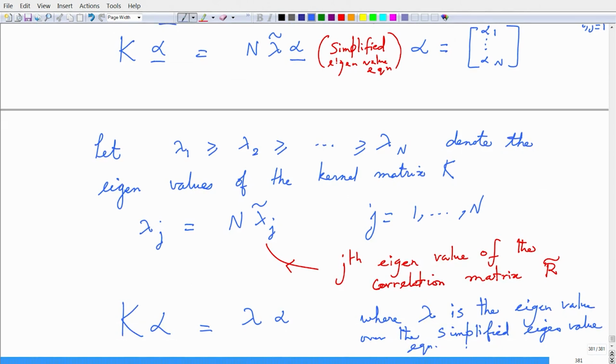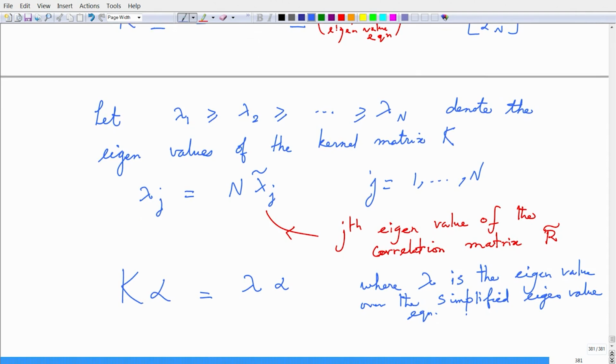So, K times alpha is basically lambda times alpha, where lambda is defined as capital N times lambda tilde, right. I have removed the subscript here because corresponding to the eigenvector alpha j, you have a corresponding eigenvalue lambda j.